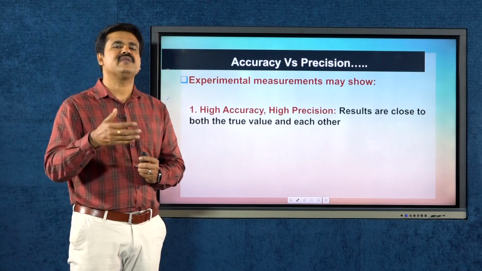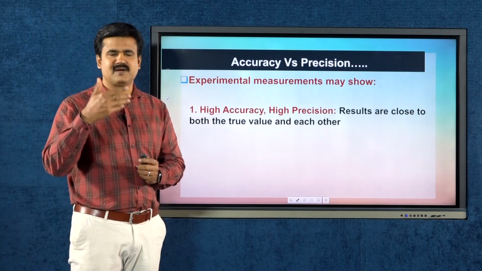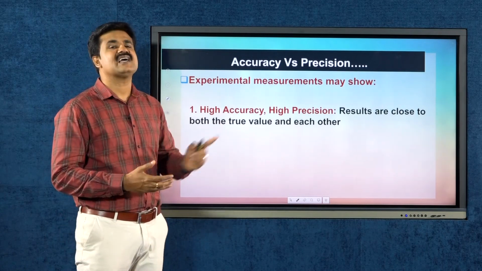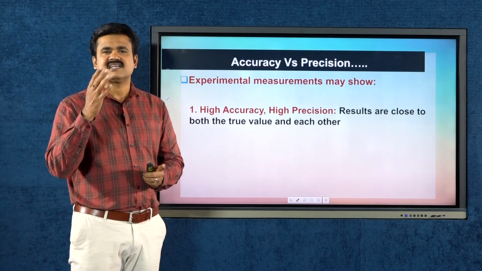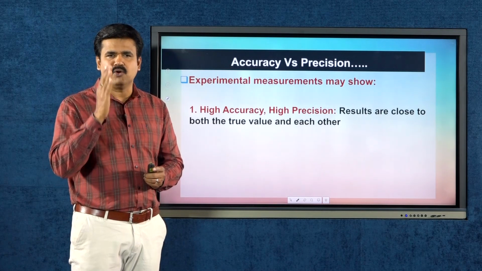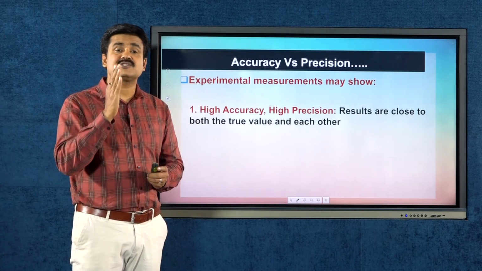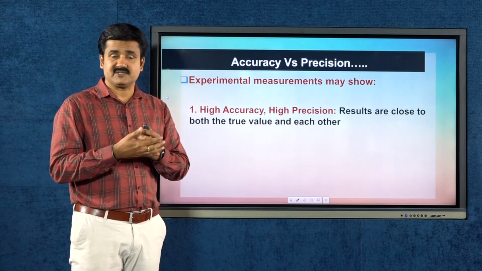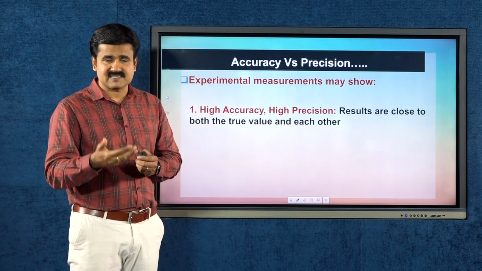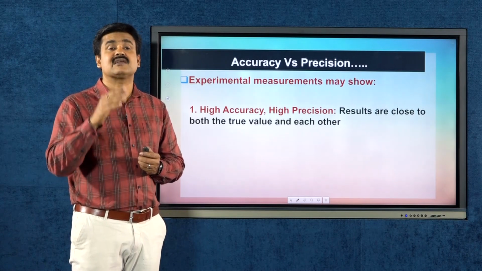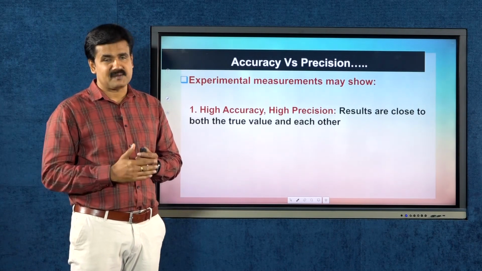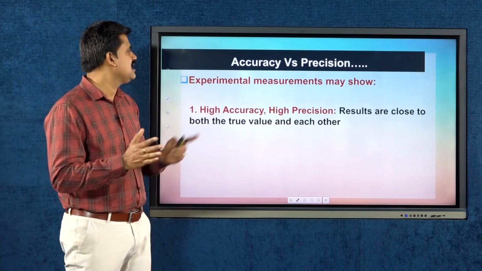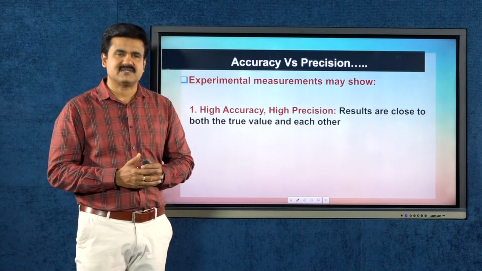Suppose you are doing an experiment and you make some measurements; the measurements may be highly accurate as well as highly precise. These results are close to each other as well as close to the true value. So, you get a set of values which are very close to each other. That means the values are precise and also close to the true value. In such a case, you can say that your measurement is highly accurate and highly precise.